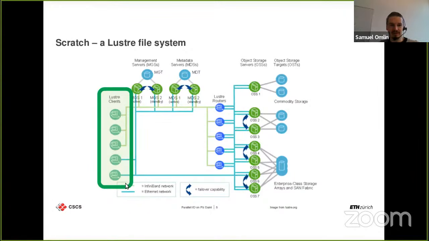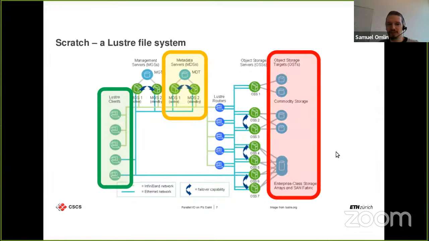We have here on the left the Lustre clients, so called, which are in our case just the compute nodes. Then we have metadata servers, which are just somewhere connected. And then we have object storage targets, in short OSTs.